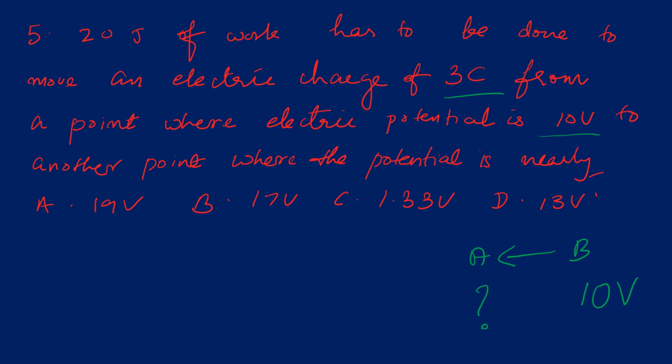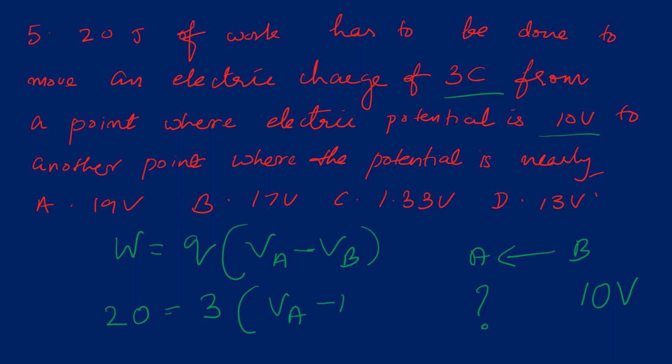Work done, equation for work done to move an electric charge from one point to another is Q into V. Here we should take the potential difference. So Q into VA minus VB. That is Q is given as 3 coulomb. Work is 20 joule into VA minus 10.